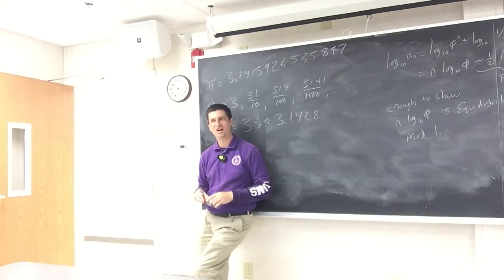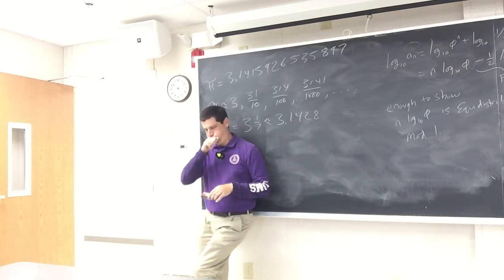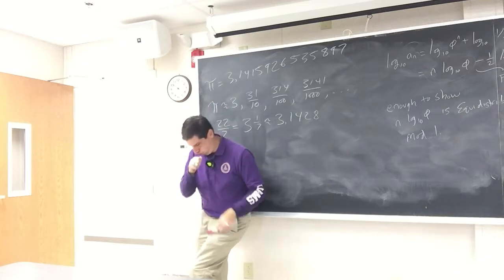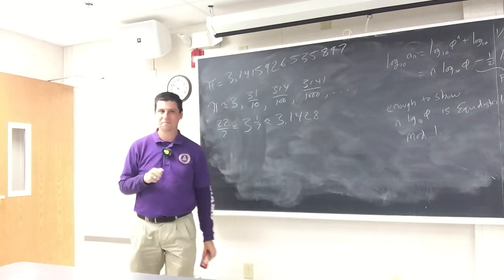Anybody know which is the hardest number to approximate by rationals? We have seen it today. 0? No. Nope. Haven't seen that many more numbers. Has to be an irrational.